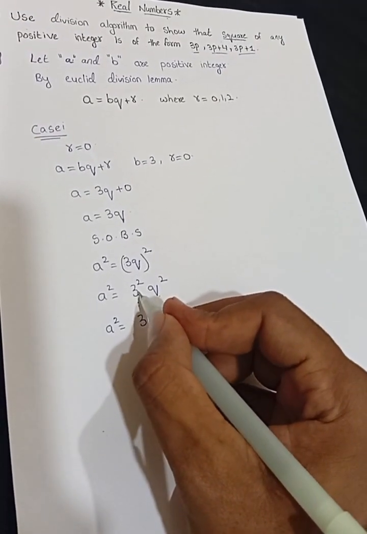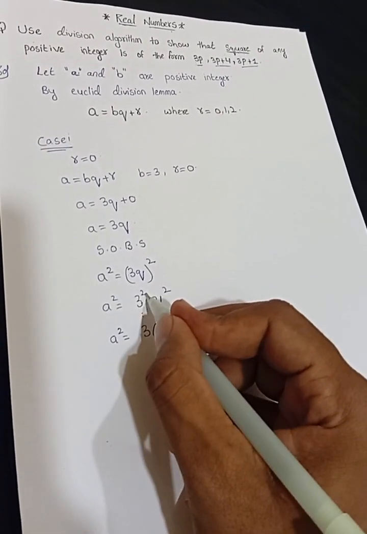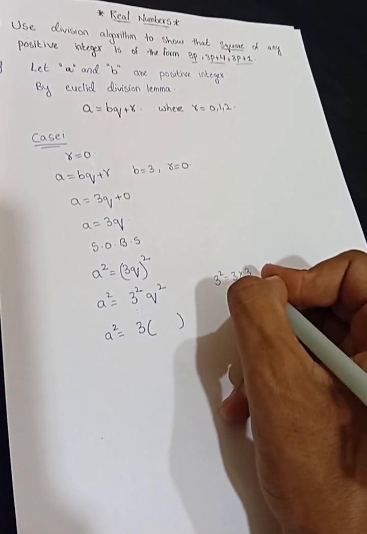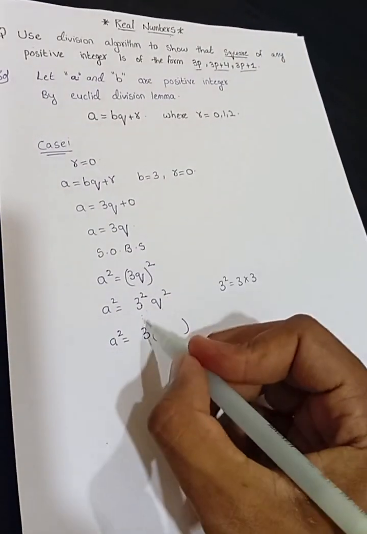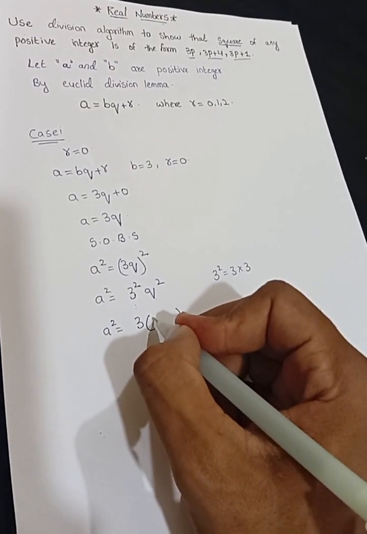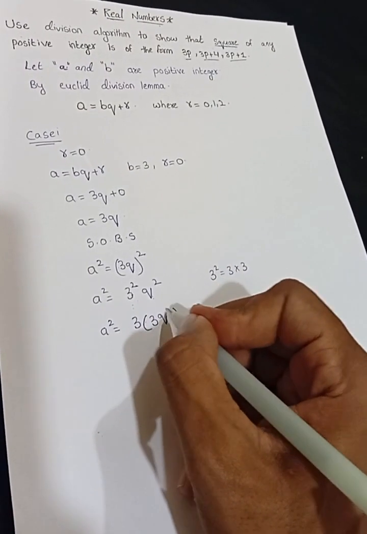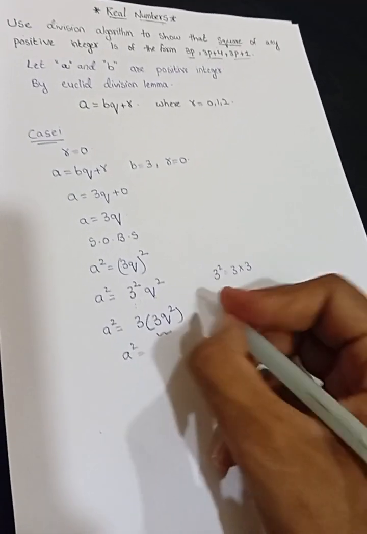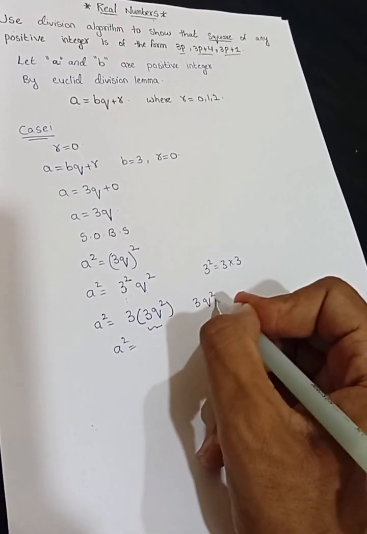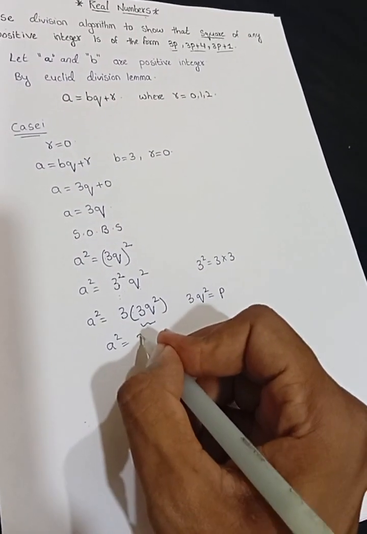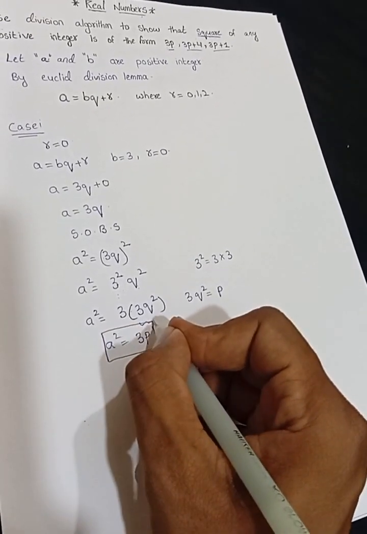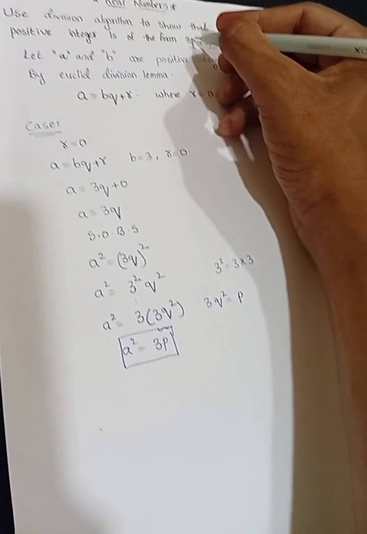So here I am having two 3's, right? 3 power 2 is equal to 3 into 3. So you are having two 3's. You are taking one 3 common. So you are left with only one 3 and this q square is as it is. So I can write this term 3q square as p. So it is in the form of a square is equal to 3p. So we have proved this.